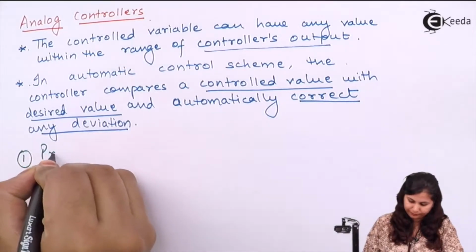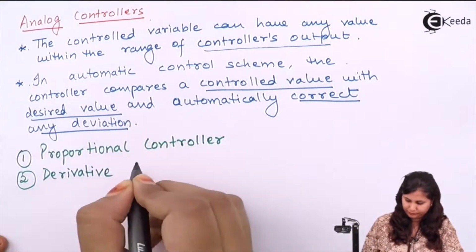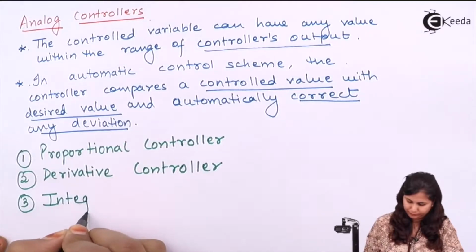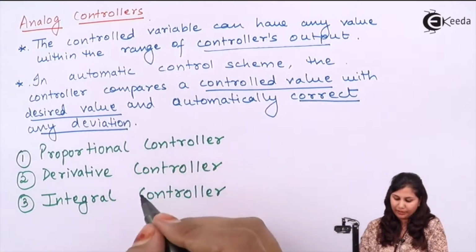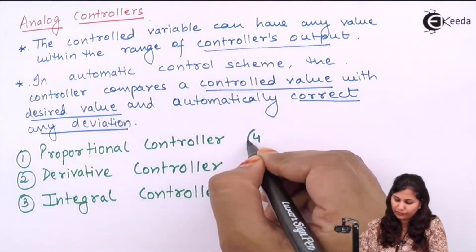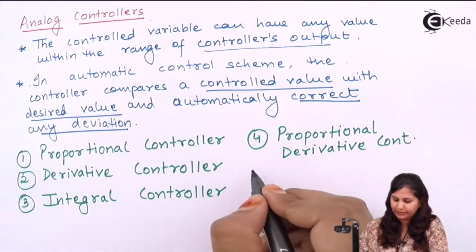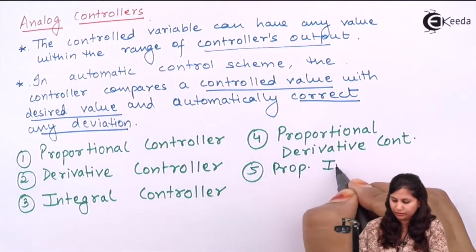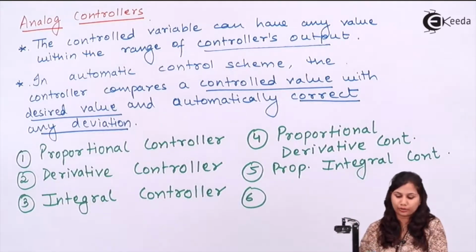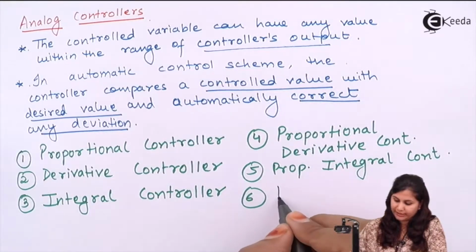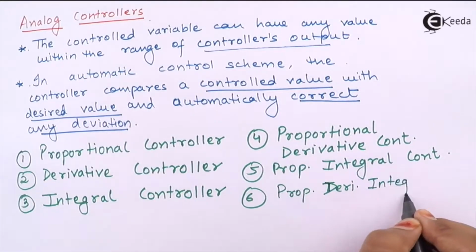So depending upon the function used to correct this deviation, there are three types of controllers: first is proportional, second derivative, third is integral controller. And there are also controllers which are a combination of these three types. We have the proportional derivative controller, then the proportional integral controller, and the controller which is a combination of all three: the proportional, derivative and integral controller.